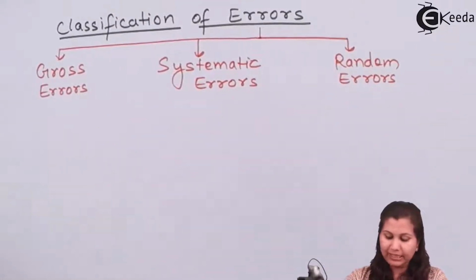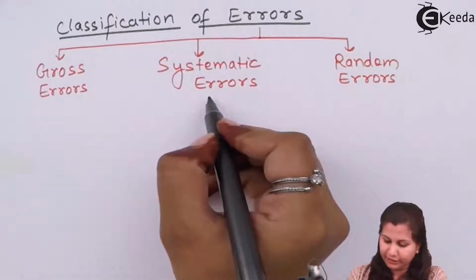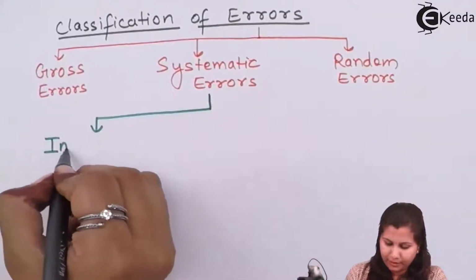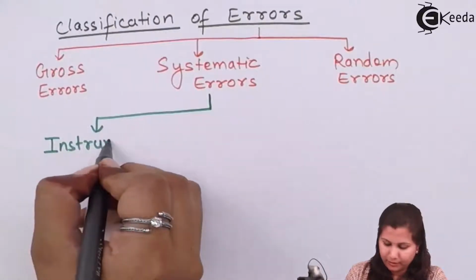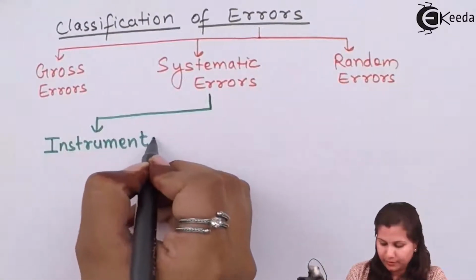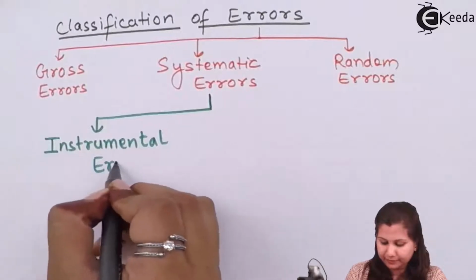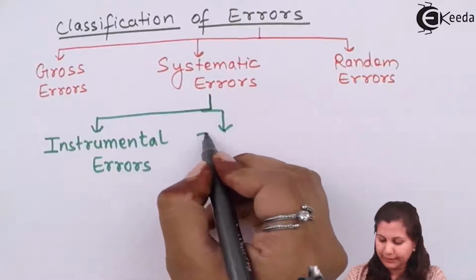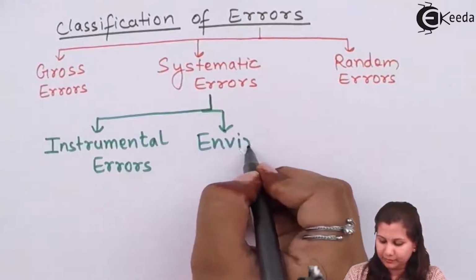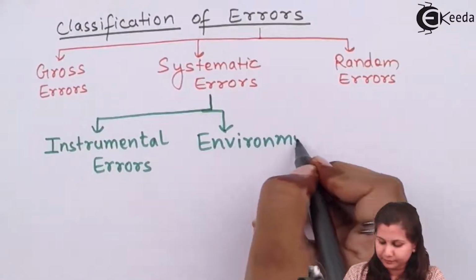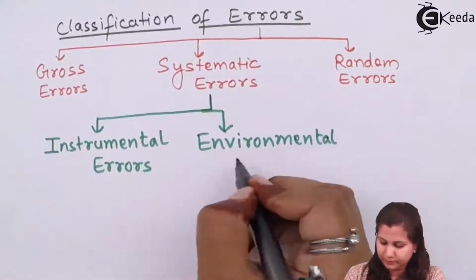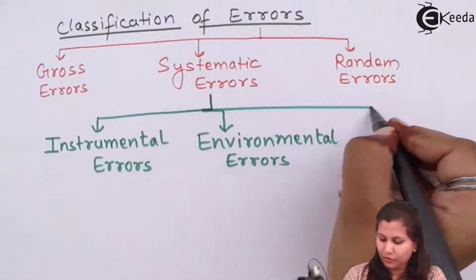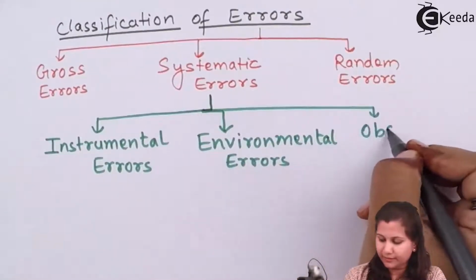Now, systematic errors are further classified into instrumental errors, environmental errors, and observational errors.